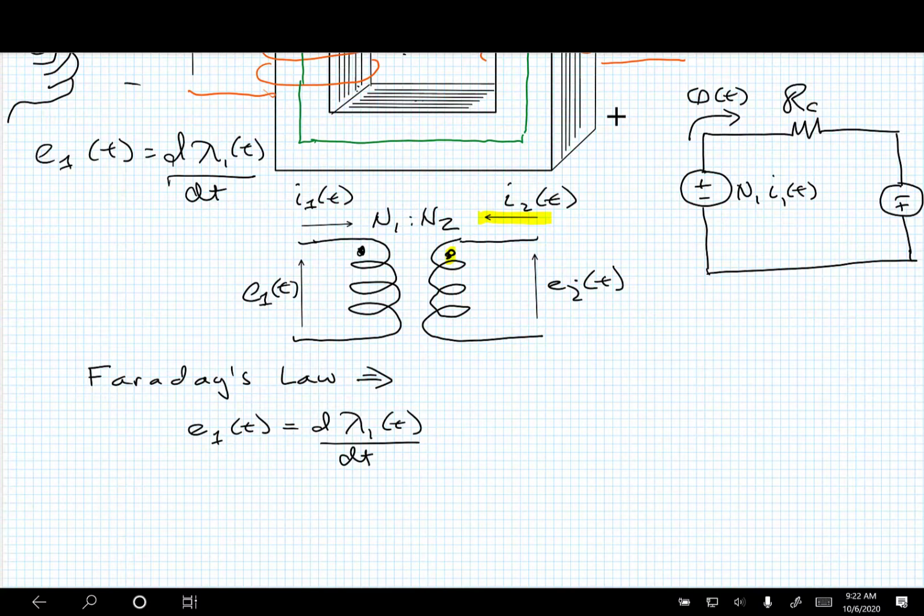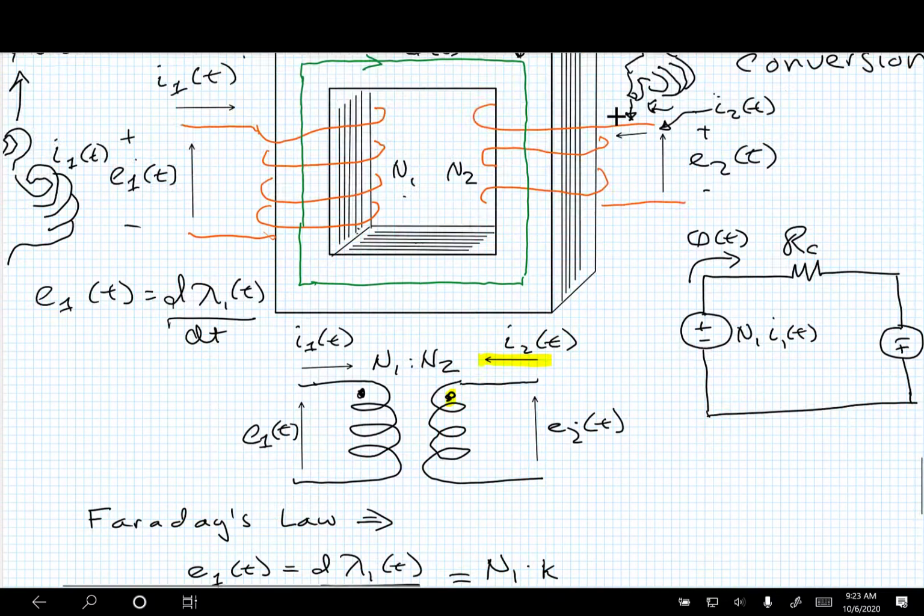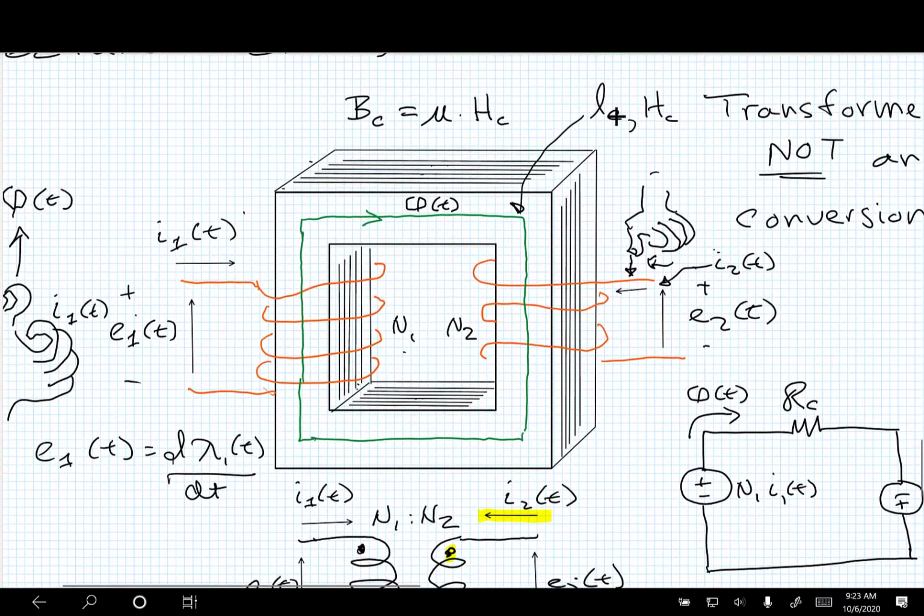It's linking the flux in the core to the coil 1. So that's the same thing as saying N1 turns times the... Now notice that I've got a core structure here with laminations. Remember we talked about those last time?